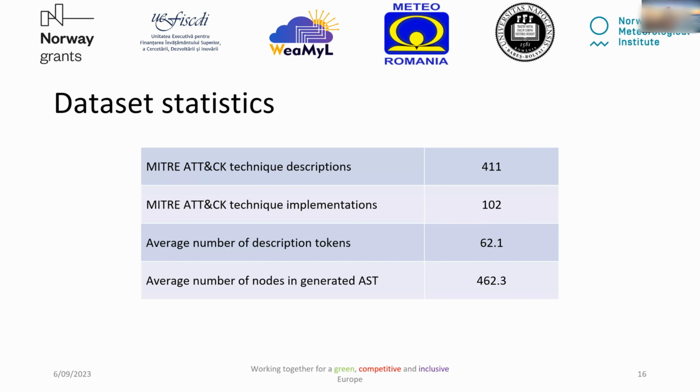When looking at the nodes in our trees, we have 462 nodes per code. So we can actually conclude that this is quite difficult data to generate code from, because we have little information to learn from and a lot of information that has to be generated.